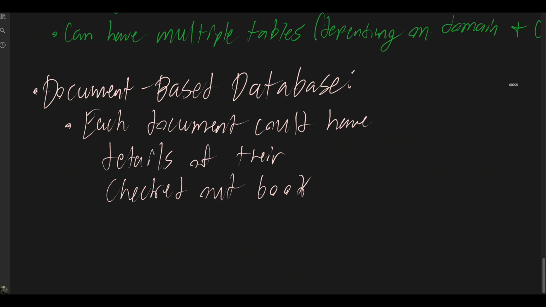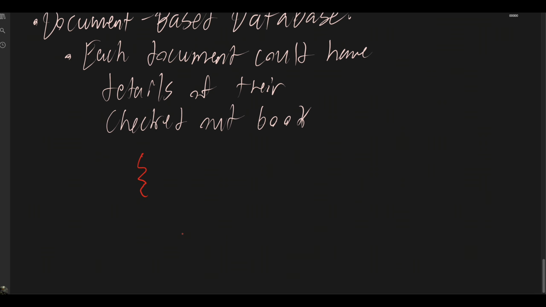Let's just say that this is JSON data, so we can have a book title.